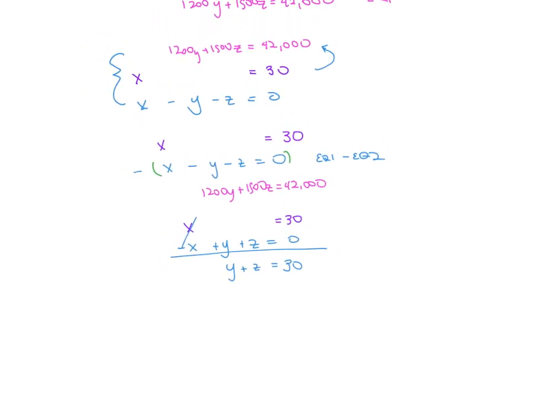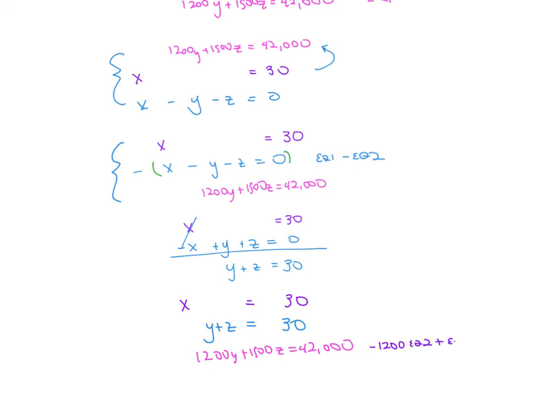So let's write our equations again. From here, we have x equals 30. Then our equation 2, I changed that to y plus z equals 30. And then our last equation, we have 1,200y plus 1,500z equals 42,000. Let's cancel out the y in equation 3. So to do that, I'm going to multiply negative 1,200 times equation 2 and add it to equation 3.